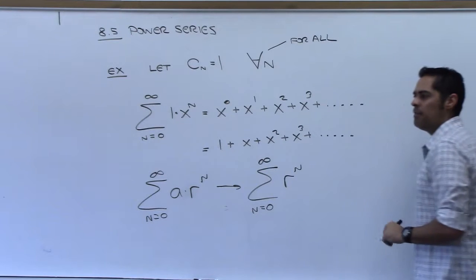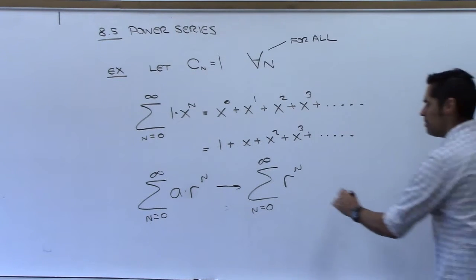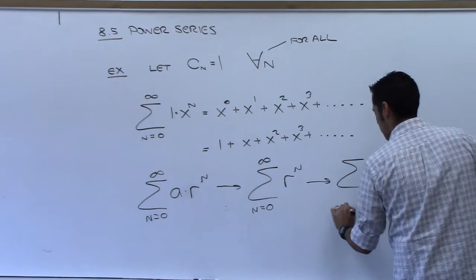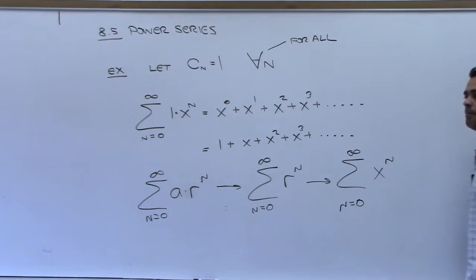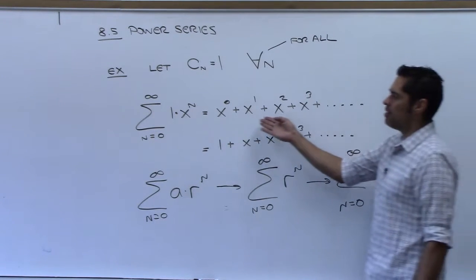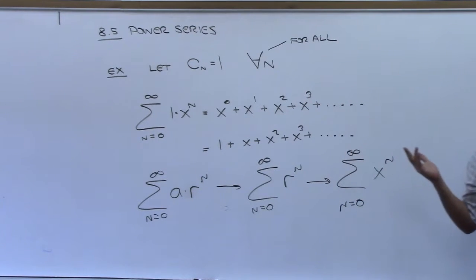And if I say, instead of using the letter r, let's use the letter x, then it becomes this. So this power series is actually an example of a geometric series.